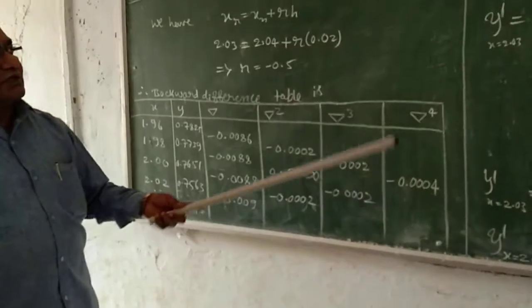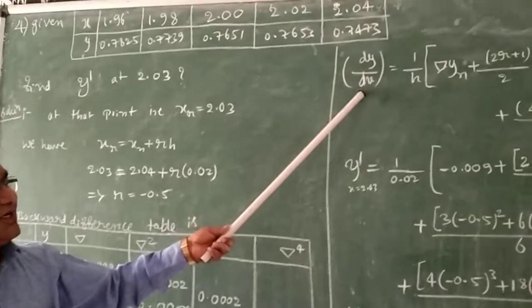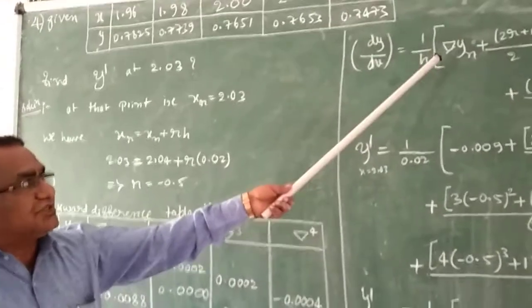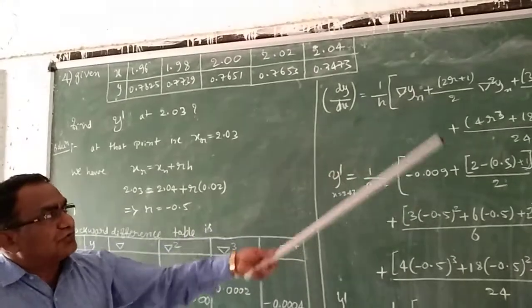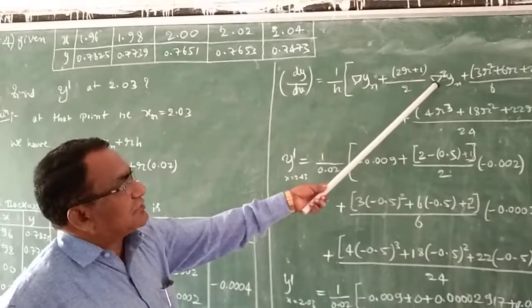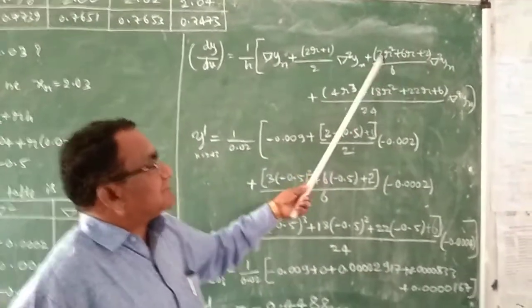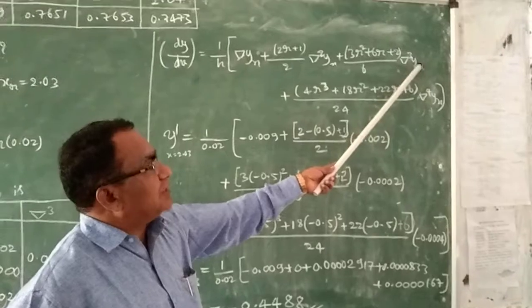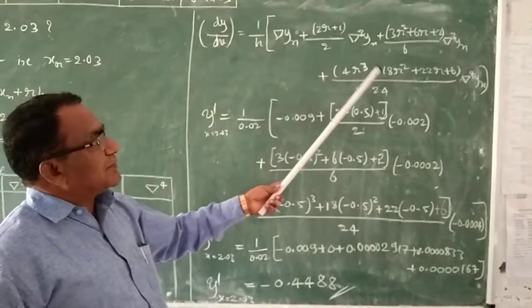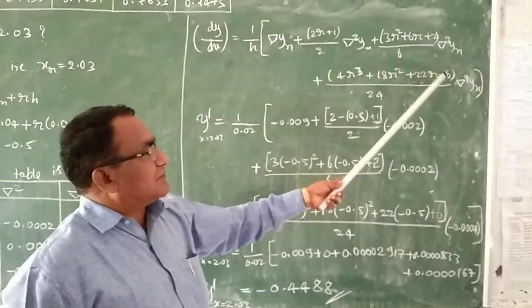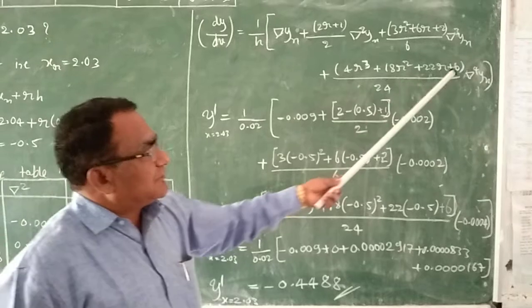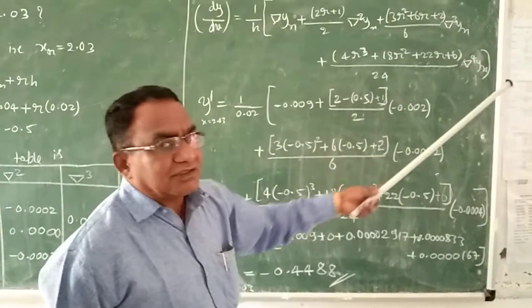The formula is dy by dx is 1 over h into (del yn plus (2r plus 1) by 2 into del squared yn plus (3r squared plus 6r plus 2) by 6 into del cube yn plus (4r cube plus 18r squared plus 22r plus 6) divided by 24 into delta to the power 4 y).